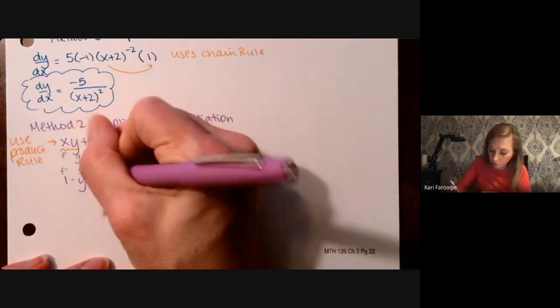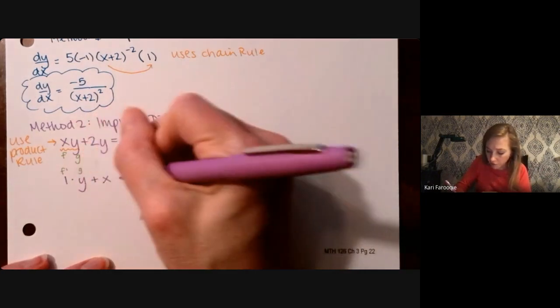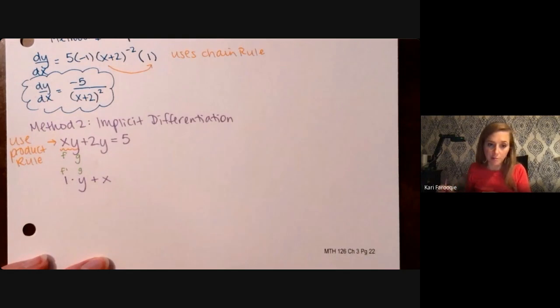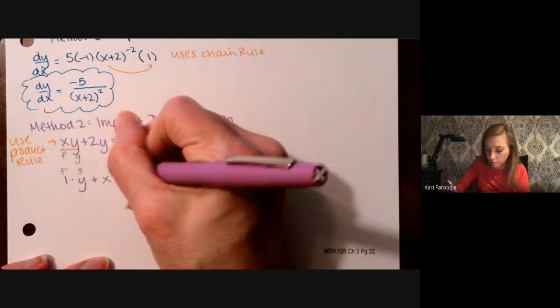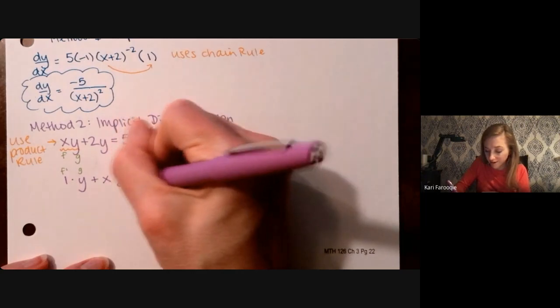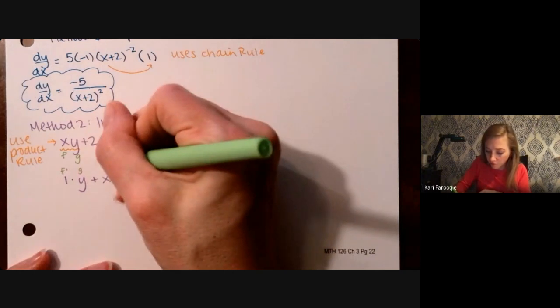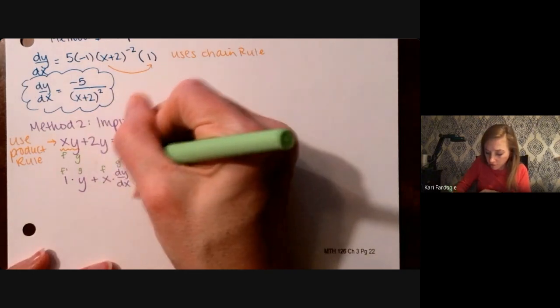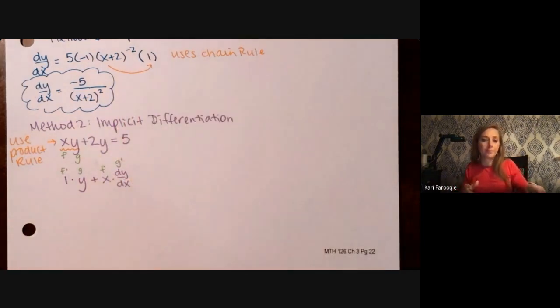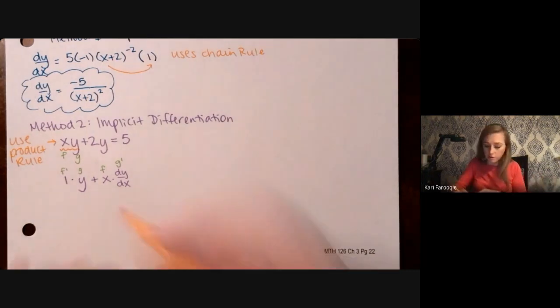So that's f prime g plus f g prime. g prime is where we take the derivative of y. The derivative of y with respect to x is dy dx. Now, this was just the derivative for the first term.